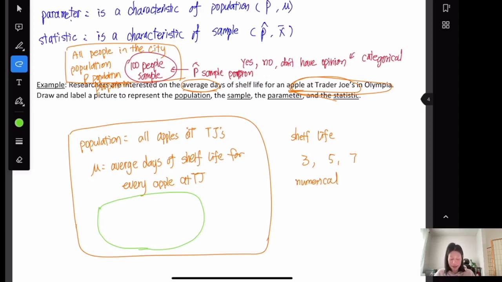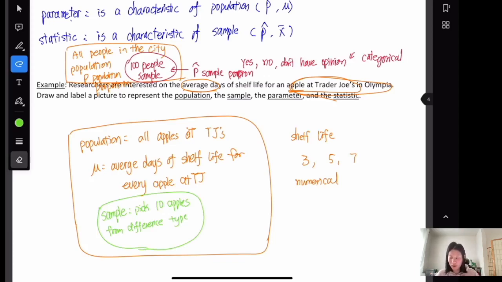So this is going to be our sample, which is we pick maybe 10 apples from different types to keep track of their shelf life.